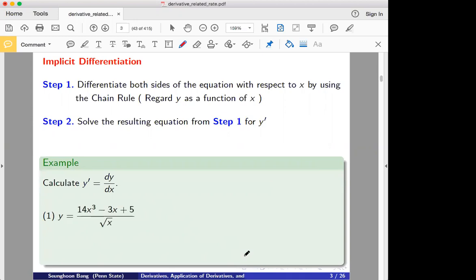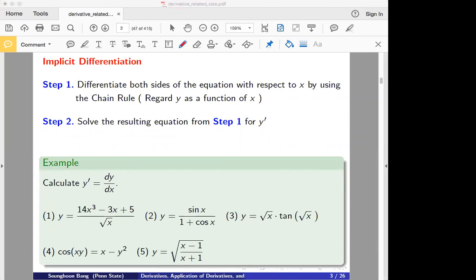First one, y equals (14x cubed minus 3x plus 5) over square root of x. Second one, y equals sine x over 1 plus cosine x. The third one, y equals square root of x times tangent of square root of x. Next, cosine of xy equals x minus y squared.